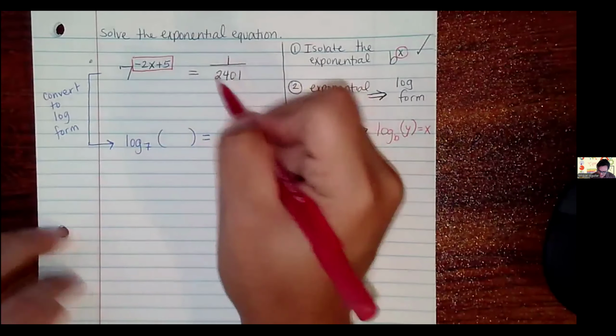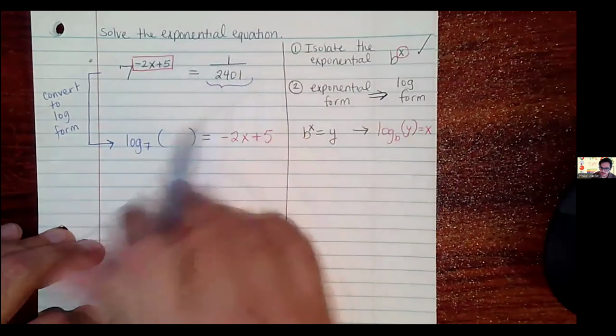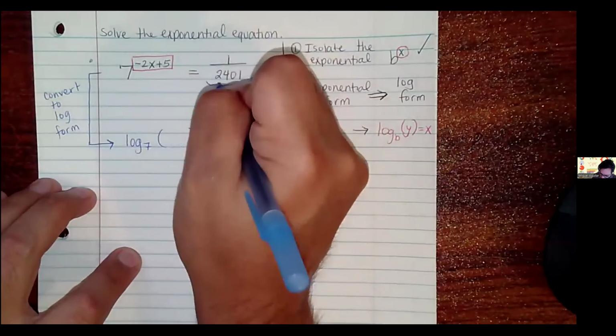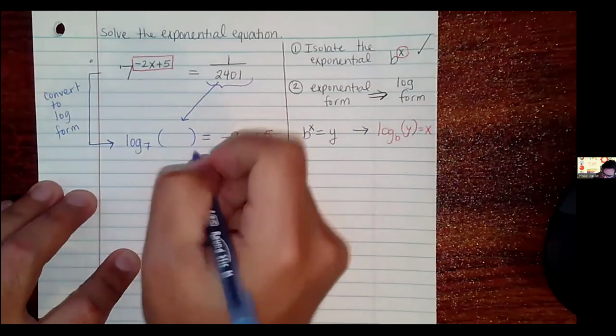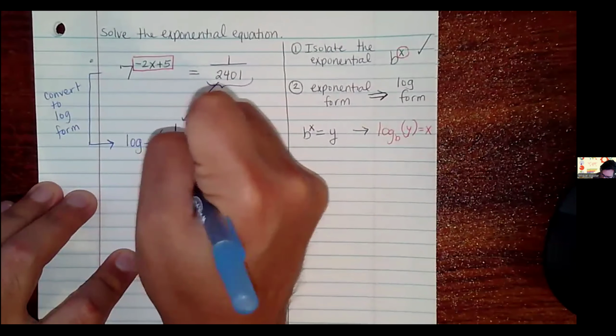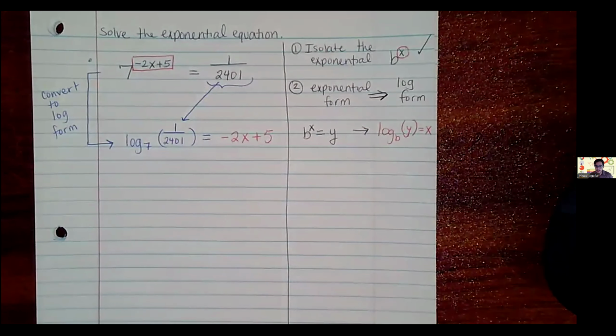And then whatever is over here, it doesn't matter if this is a fraction, or a weird looking thing or an expression, a polynomial, I'm now going to switch that and put it inside of my logarithm. So this is going to be 1 over 2401. Okay, so now I should have log base 7 of 1 over 2401 equals negative 2x plus 5.